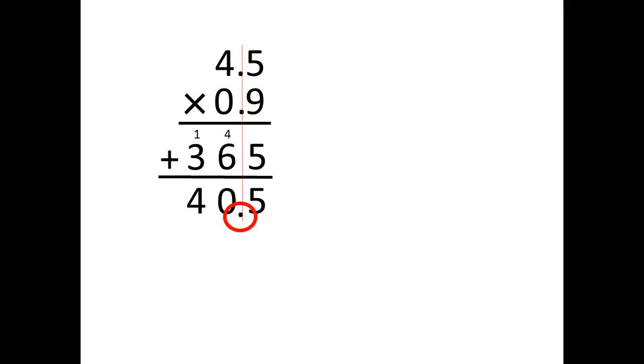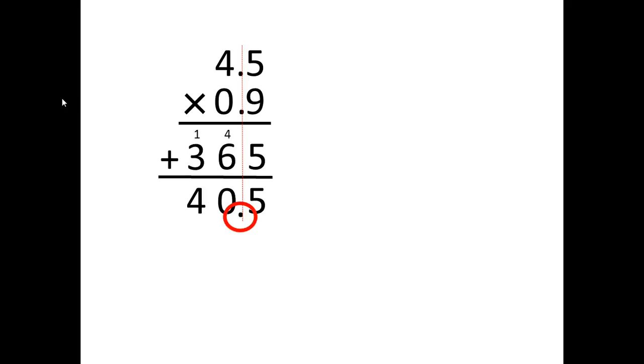As we've discussed in class, one way to solve this original question, 4.5 times 0.9, might be to get rid of the decimal points, so that we change the decimal numbers into whole numbers, which I think more people are comfortable with.